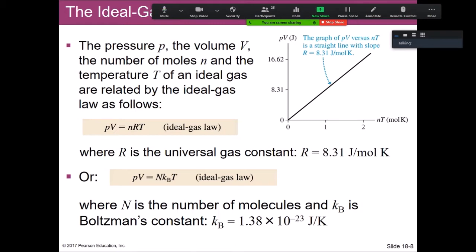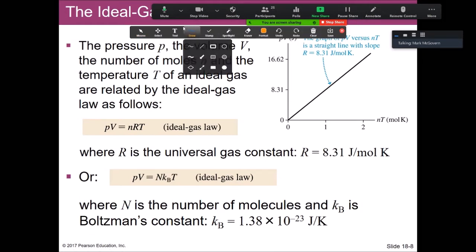Okay. The other version of this changes the number of moles here, and it really depends on what you have to work with. But there's a relationship here, and it looks like this. If I annotate this, nR is equal to capital N times this constant k_B. Now k_B, I can't really draw a lowercase b there, but the N is the number of molecules.